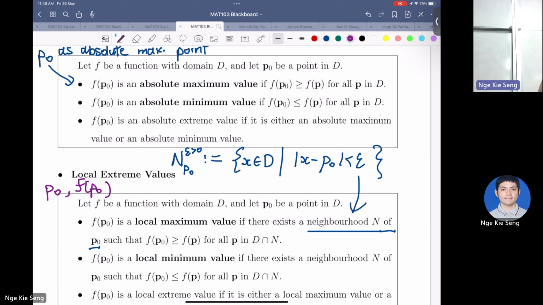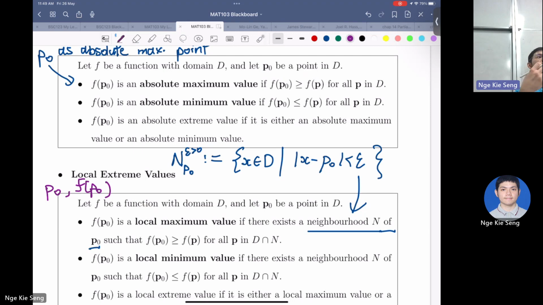You look around P naught, then compare the values F of P with F of P naught. If F of P naught is greater or equal to all these F of P, then we call F of P naught a local maximum value.